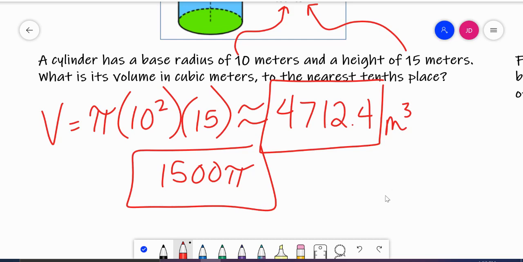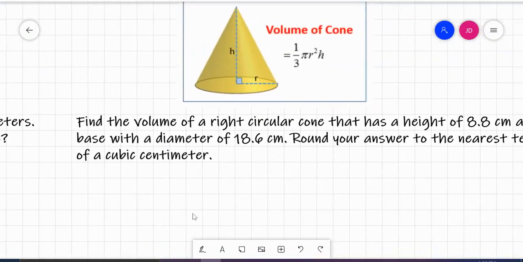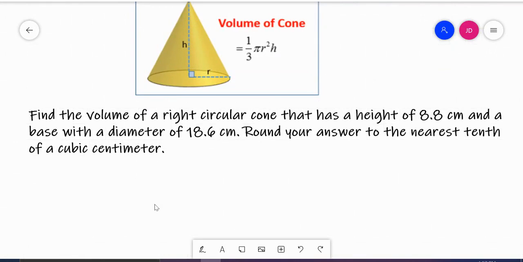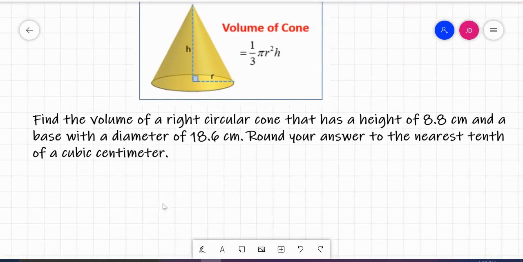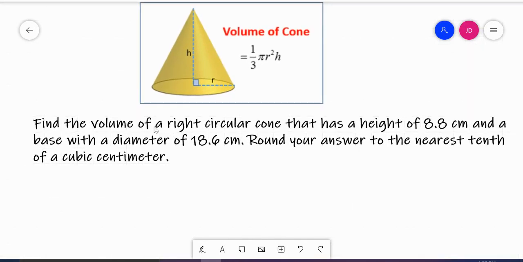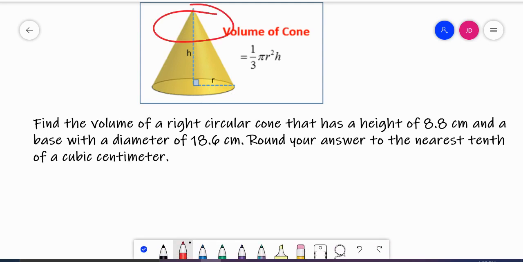Let's look at one more figure. We got the cone. For the cone, we have the radius and the height, and since it's not like a cylinder, if I had a cylinder, it would look like this. When you make a cone, this top portion is divided into three parts.